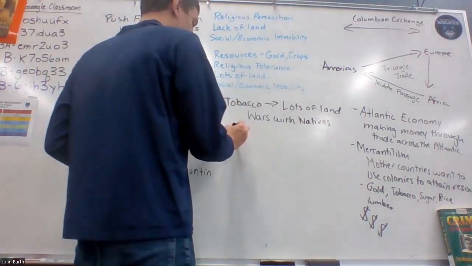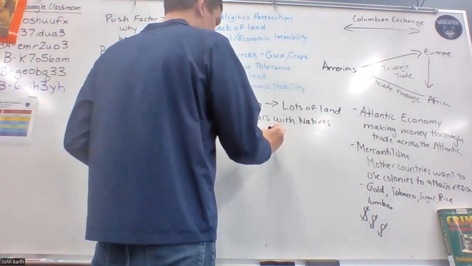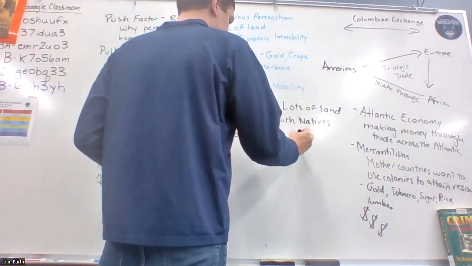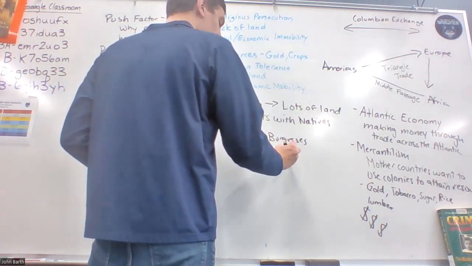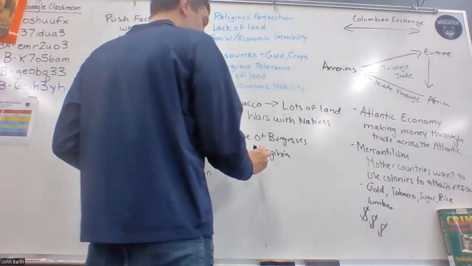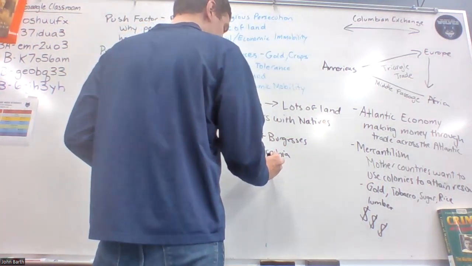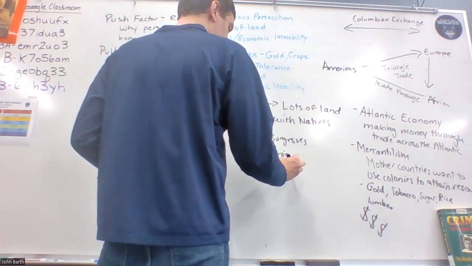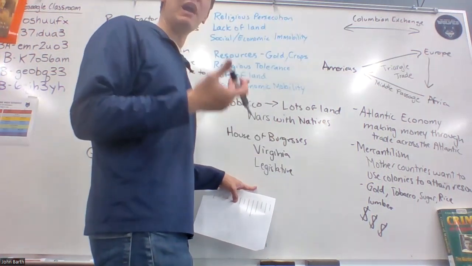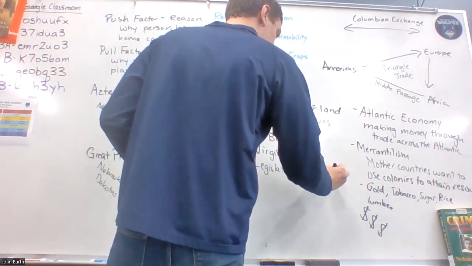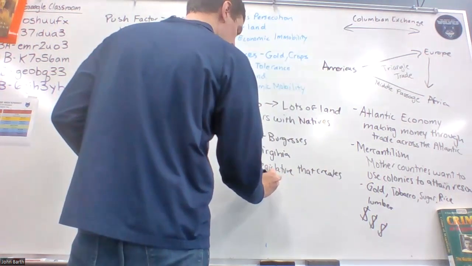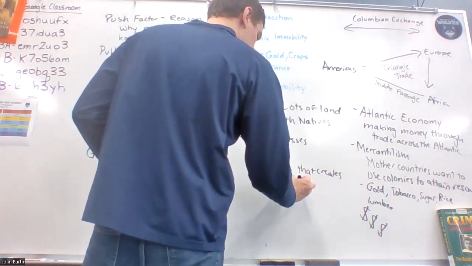House of Burgesses. First of all, you should definitely know it's in Virginia. You should know it's a legislature, so it's a government body that creates laws for the colony.